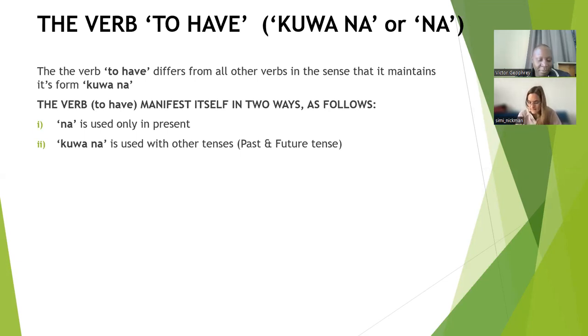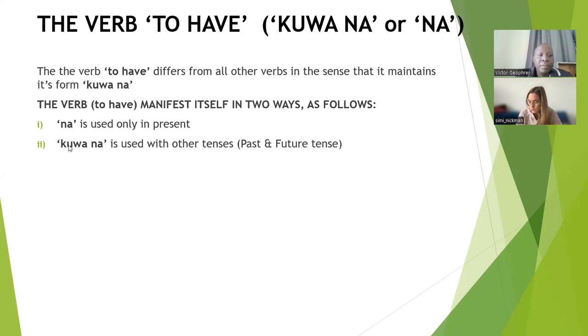So that's the way the verb to have can manifest itself in two ways, as kuwa na and as na. Of course, the direct meaning of the verb to have is like to be with, kuwa na. Kuwa na means to be with something.